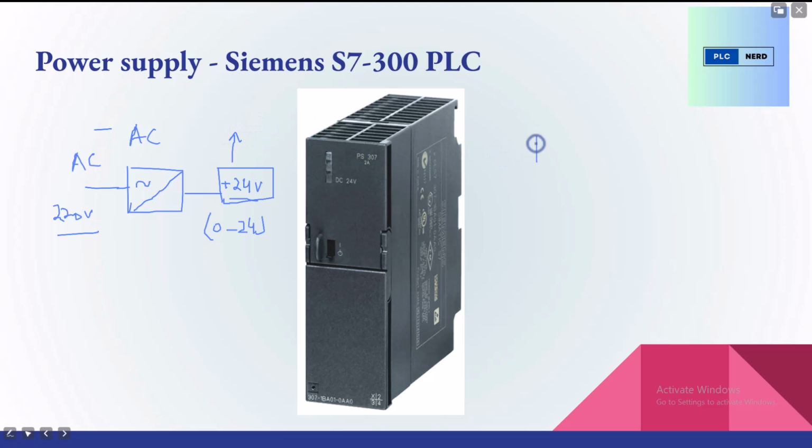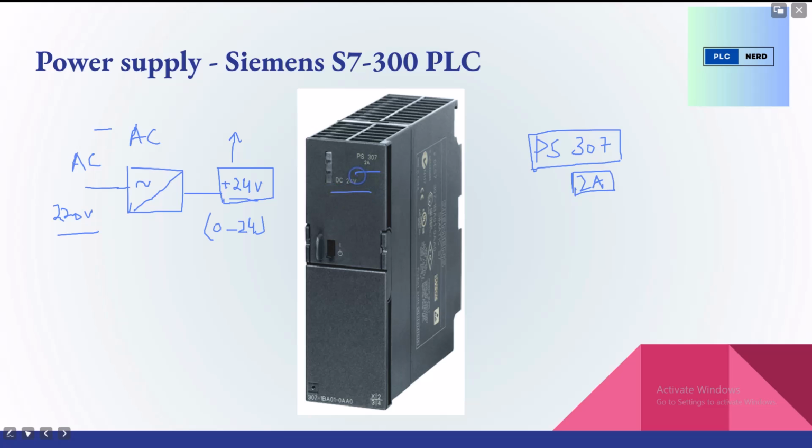If you look at the power supply, PS307 and 2 ampere has been written. PS307 is the model number of this power supply, and 2 ampere is its maximum current handling capacity.